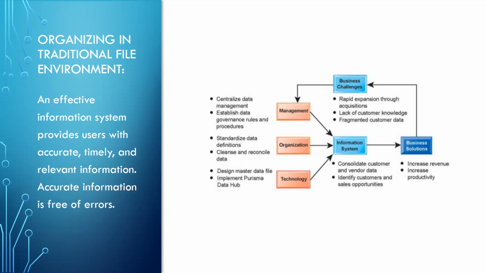So all of these three elements can be concise in one information system where we can consolidate customer and vendor data, identify customers and sales opportunities. So with the information system, we can come up to a business solution. So the business solutions can be increase revenue or increase the productivity.